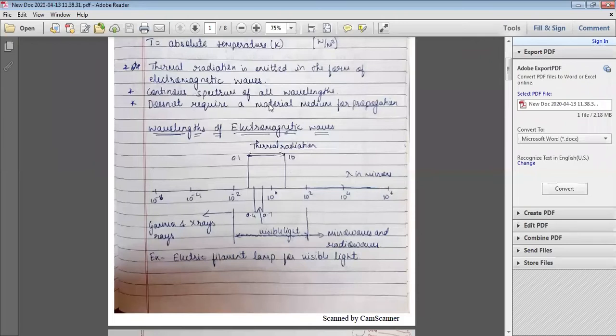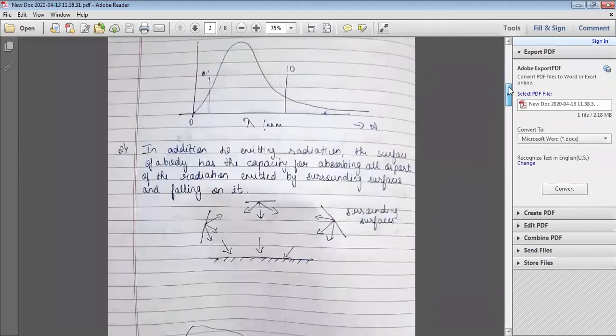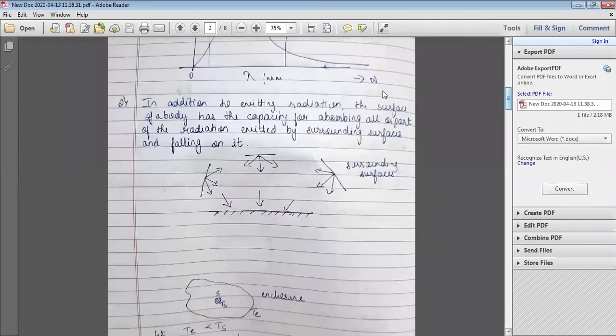And also, the electromagnetic waves which are coming out do not require any material medium for propagation. So that is what I should know in the very first class. Then this is about the emission.